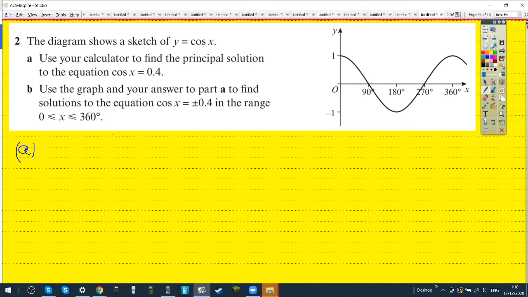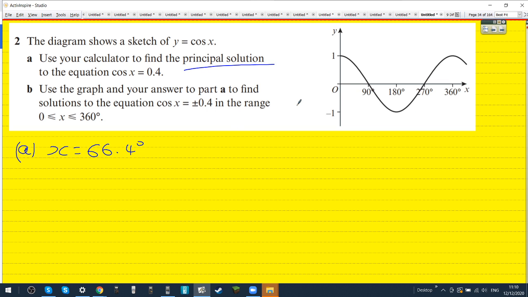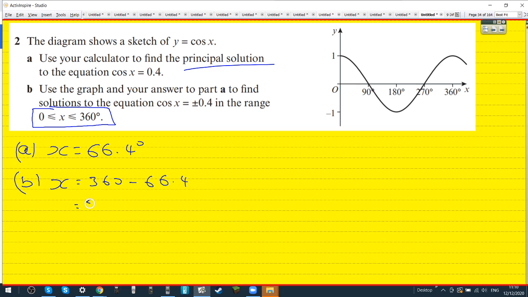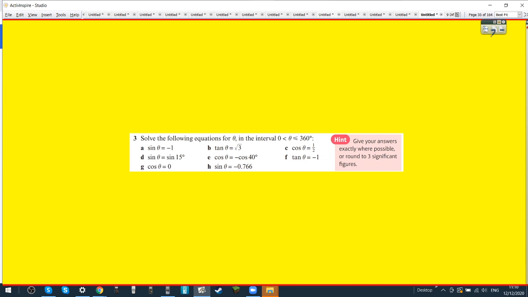I got 66.4. There we go. That one that you got is a valid answer, it's just that it's going to repeat forever. This is the principal solution, which is the one closest to 0. Part B, find the additional solution between 0 and 360. So could you do 360 minus 66.4? Very good. Which gives you 293.6. Well done.